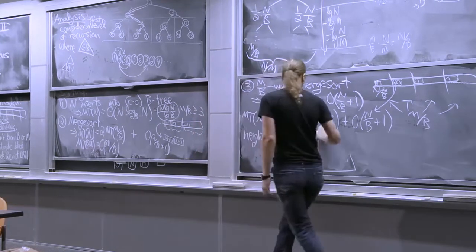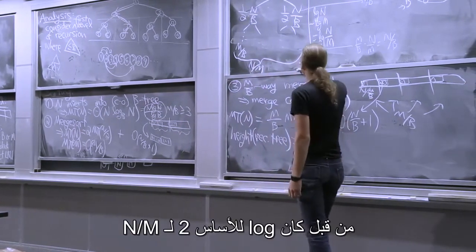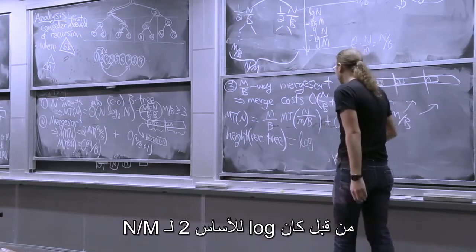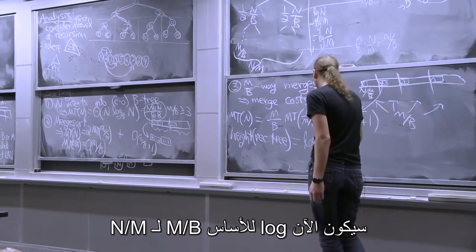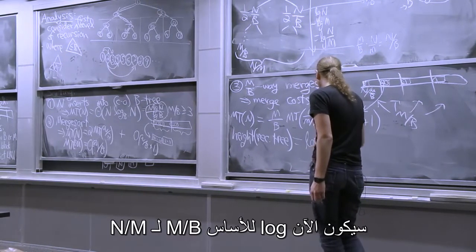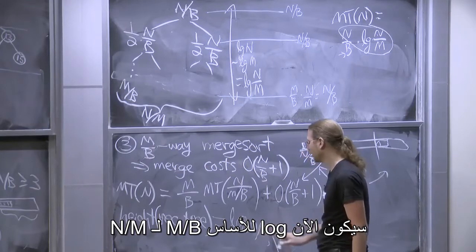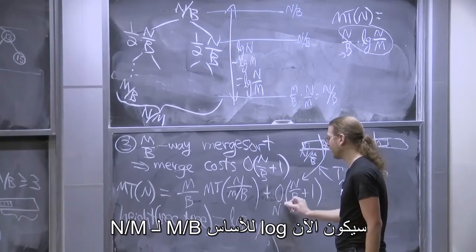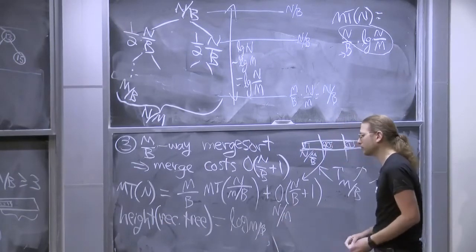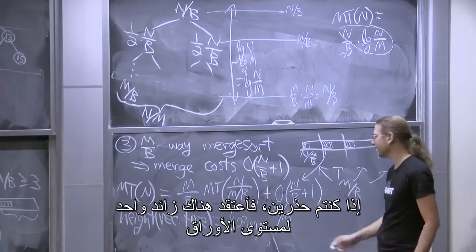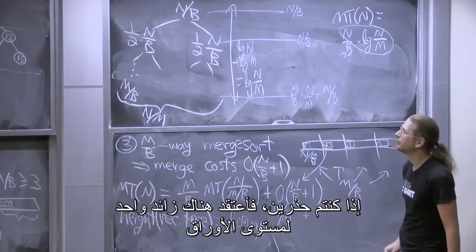now is, before it was log base 2 of n over m. Now it's going to be log base m over b of n over m. If you're careful, I guess there's a plus 1 for the leaf level.